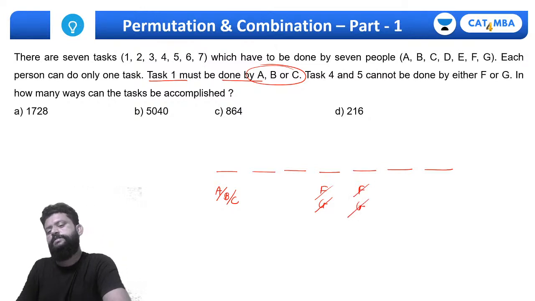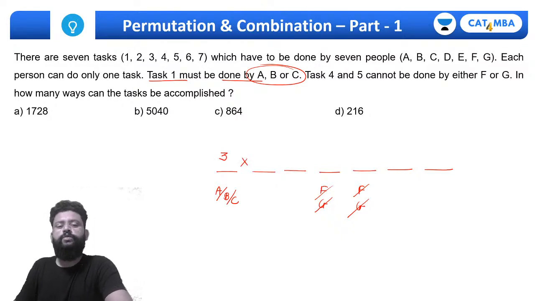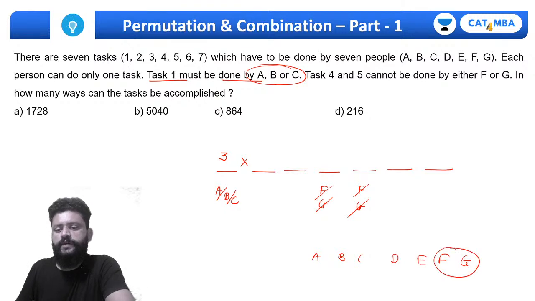In 6 and 7 anyone can be there, in 2 and 3 also anyone can be there. So how many choices do we have? We do have 3 choices here. Now from A, B, C, D, E, F and G, don't consider F and G for now, just to fill these places.